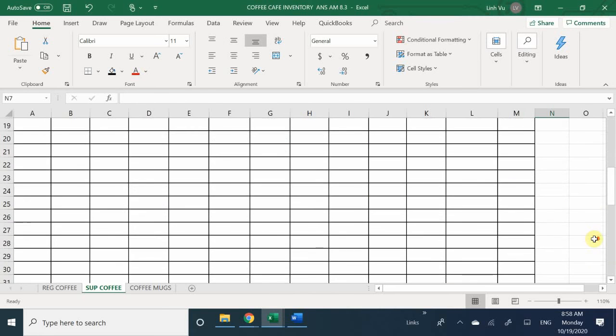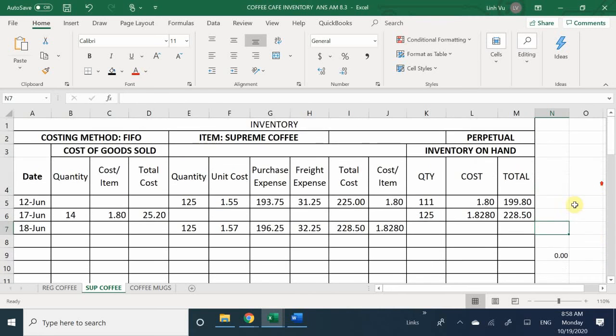What we normally do is at the very bottom of the sheet, but we don't know how long it's going to get. So I'll just do a quick one on the side. There you go, 428.30 is what we should have in our Supreme Coffee. Okay, where else do we need to go?